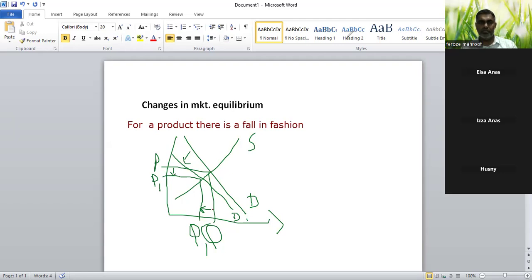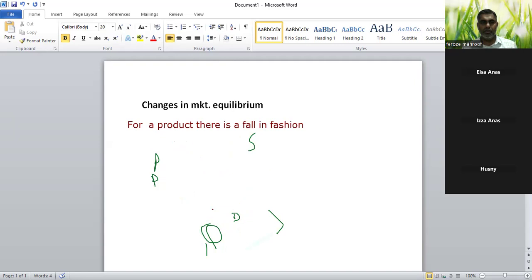Demand decreased but supply remains constant, demand increased but supply remains constant. When they are asking this, you just draw and understand. At the same time, two forces can be given in parallel. So for example, a situation where they are asking two forces in parallel.